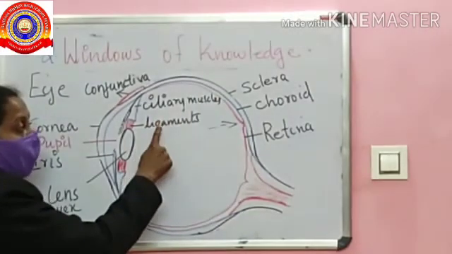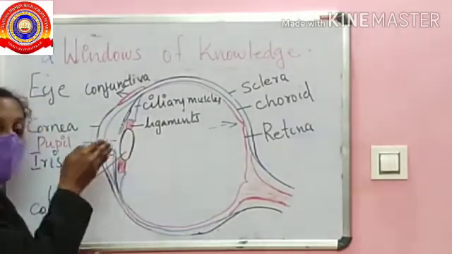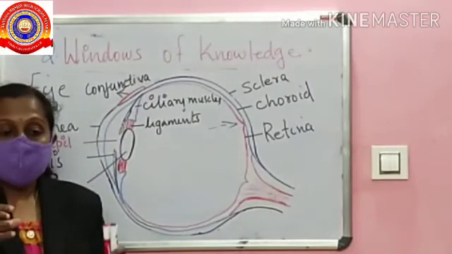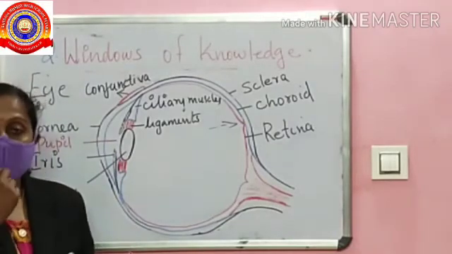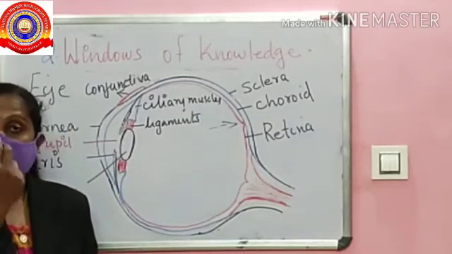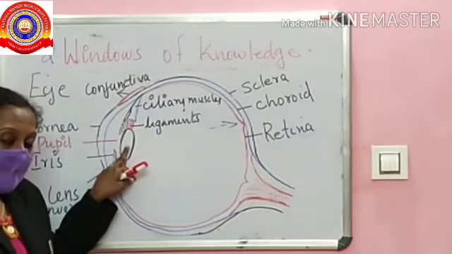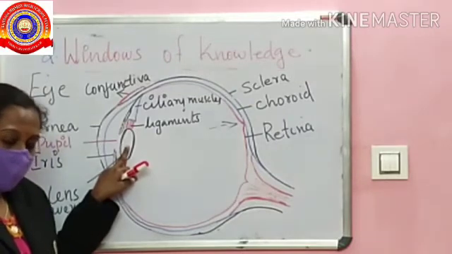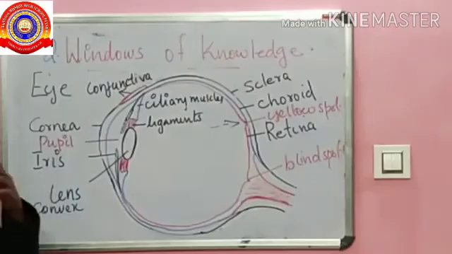These surround the lens, and their duty is to help in the contraction and relaxation of the muscles. When we see any near object or distant object, some changes happen in this lens. Contraction and relaxation of these muscles alter the curvature of the lens.